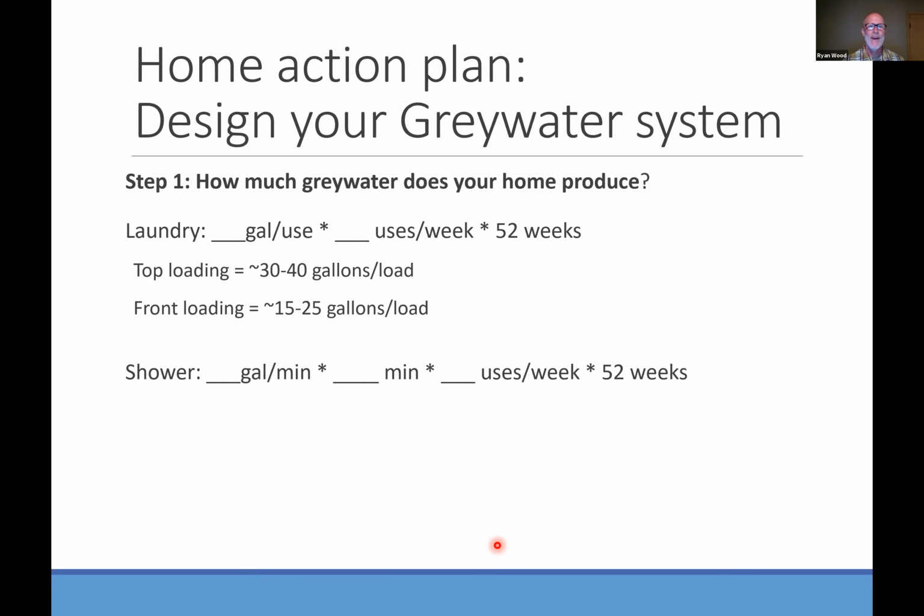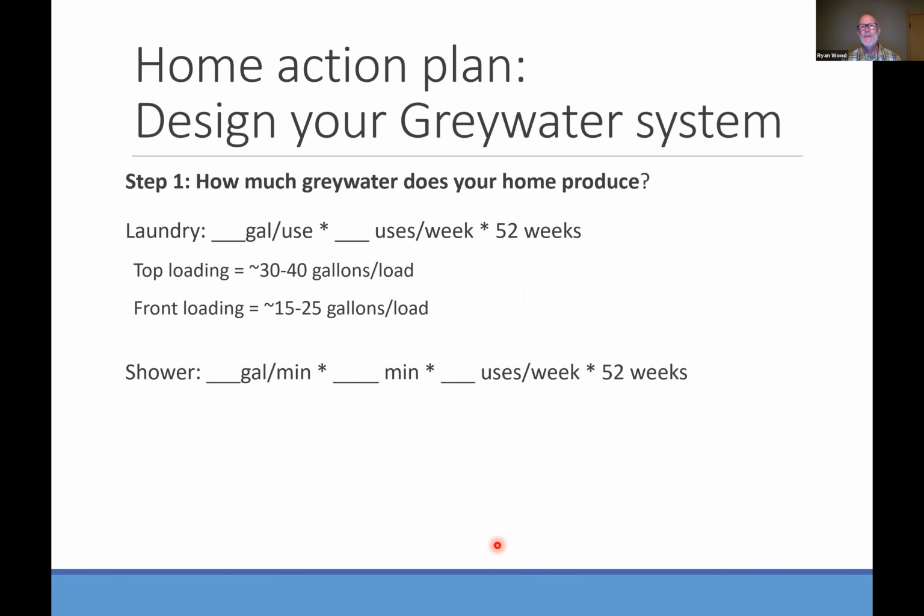So figure out how many gallons your washing machine uses, and then how many loads of laundry you do a week. One person typically, you know, whites, darks, maybe 2 loads. With 2 people in a household, it depends on the size of your washing machine, what type of laundry, what you're doing.